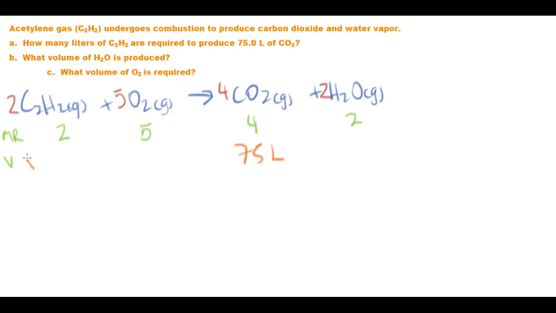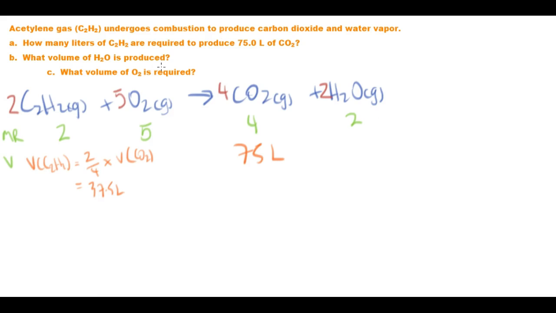So the volume of our acetylene, C2H2, is going to be, I apologize, 2 over 4 times the volume of our carbon dioxide. So that essentially becomes a half. So the volume of our acetylene is going to be half of 75 liters, which is about 37.5 liters.